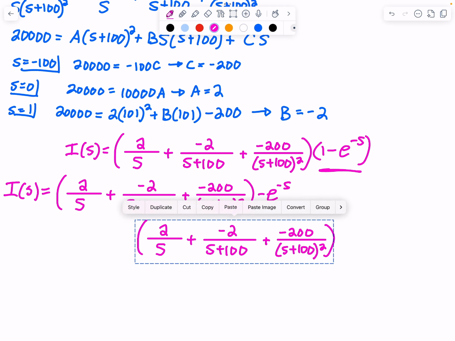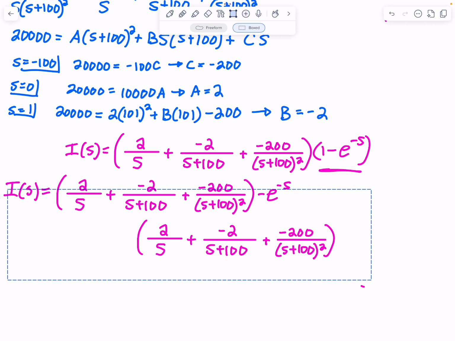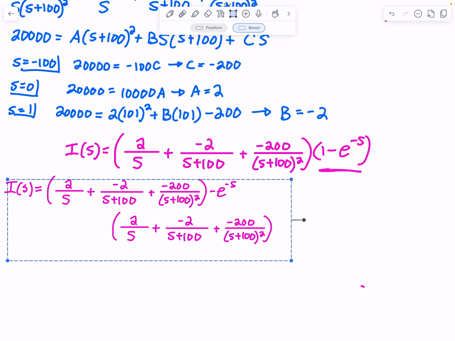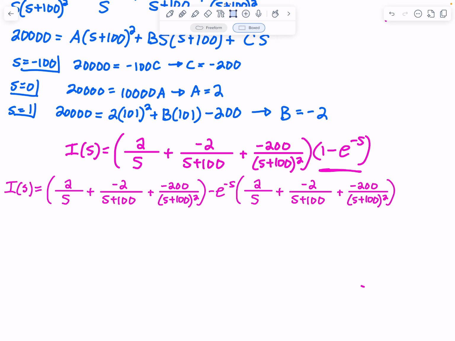Let me shrink this up. And that's just times the e. That e there is easy to deal with because remember that when I have an e like that, negative s, going backwards, that's just a unit step function, right?